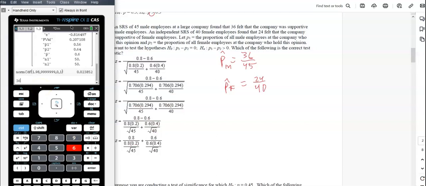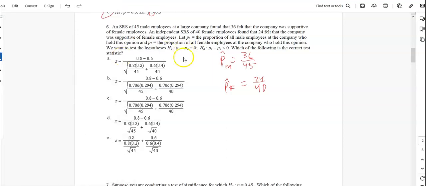Okay, so 36 divided by 45 and 24 divided by 40. Sorry about that. 0.8 and 0.6. Okay, so we do want P1 minus P2, so 0.8 minus 0.6. But that's all of them except for this crazy one. That's definitely not the form of the answer there. And even like D, you can see that's not a formula we've learned for standard deviation for proportions. So it's got to be one of those guys.